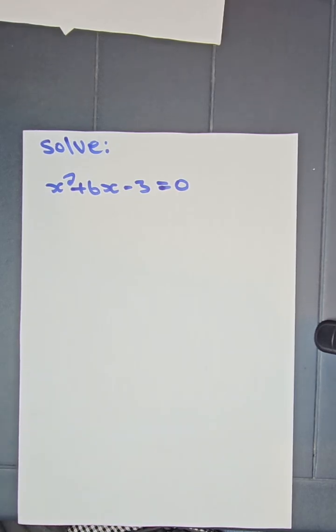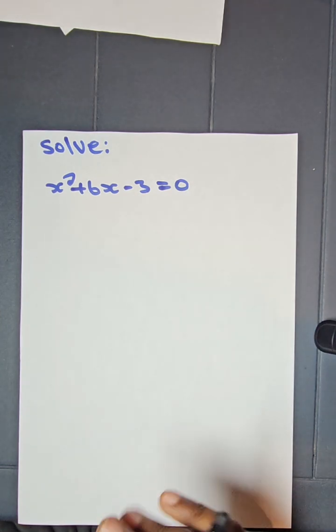If we check our constant term, minus 3, and the coefficient of x squared, which is 1, and then come back to the coefficient of the x term, which is 6, we see no way we can factorize this equation. We're going to therefore use a method called complete the square.